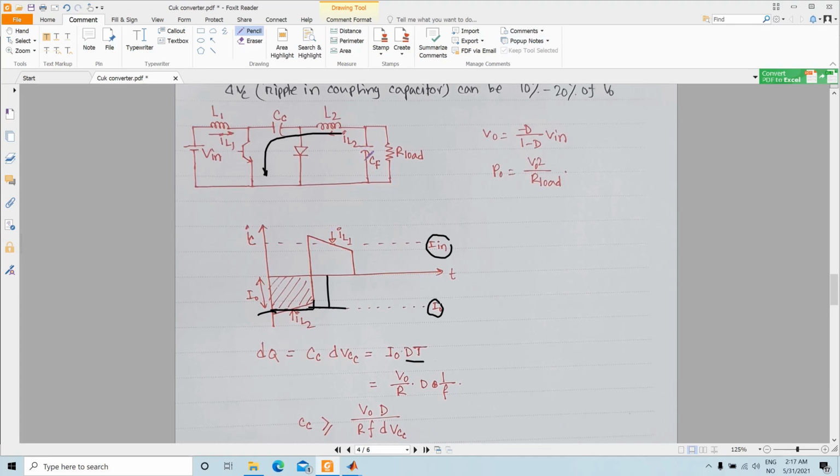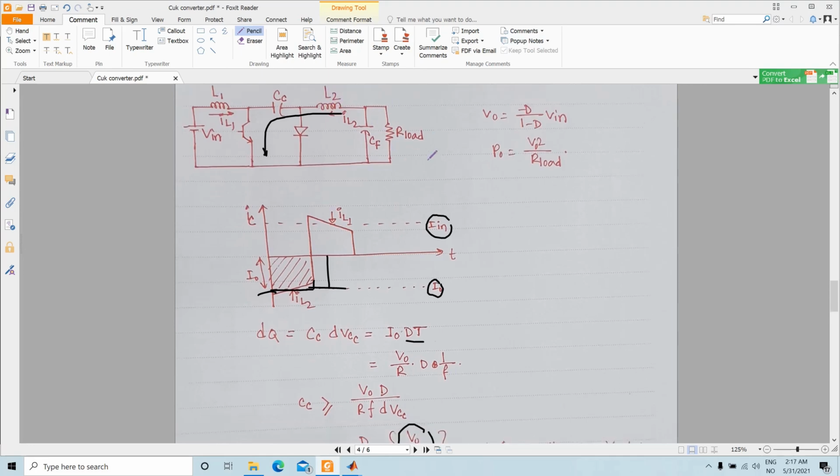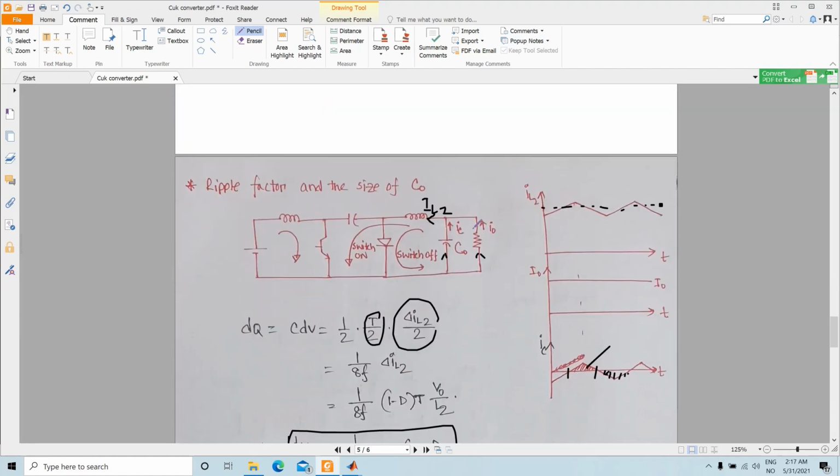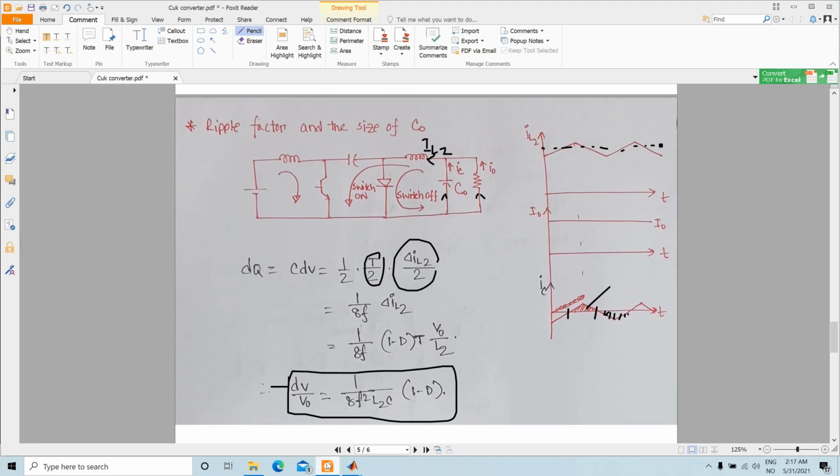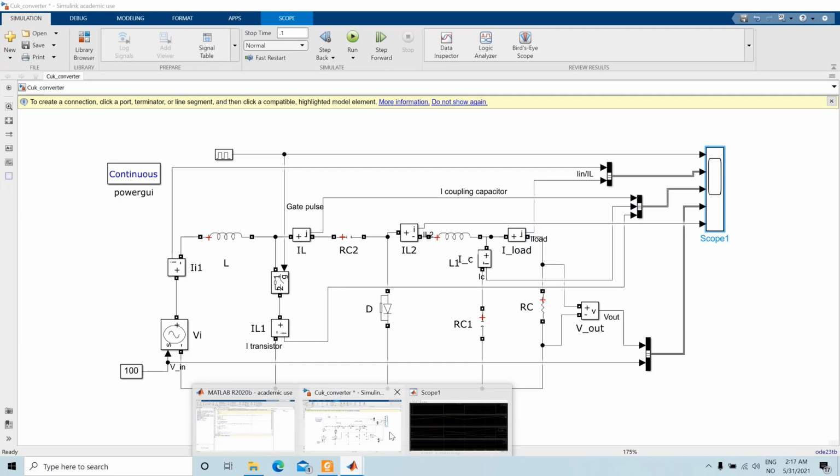By considering these, you can calculate the values of L1 and L2. And once you have the values of L1 and L2, then you can calculate the value of the capacitor C. Okay, so that's the end of today's lecture.